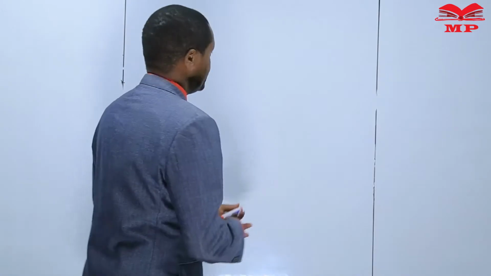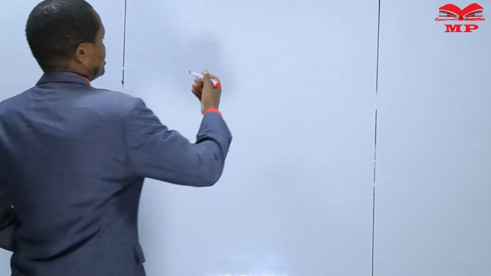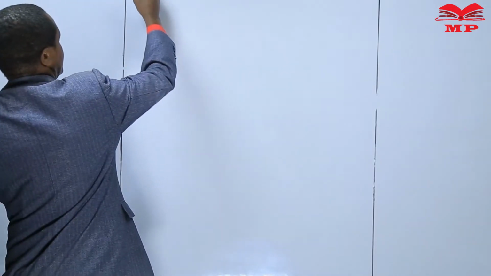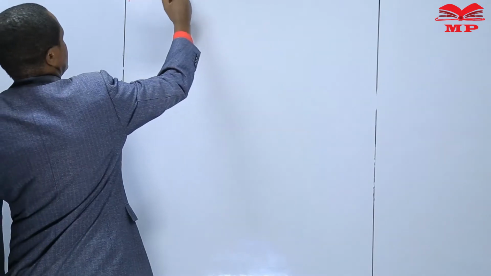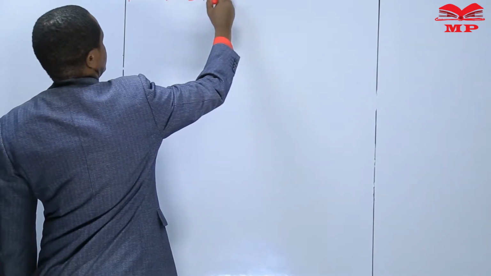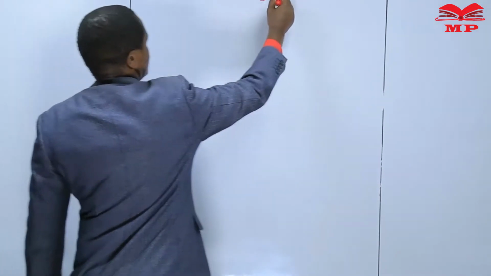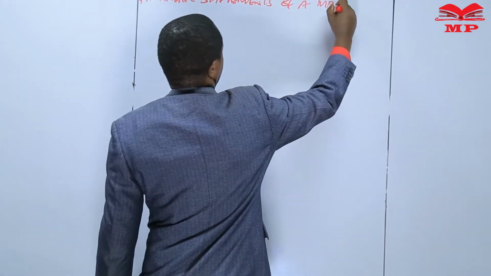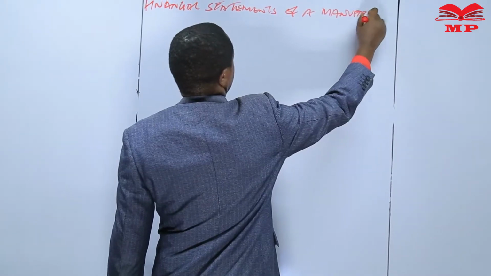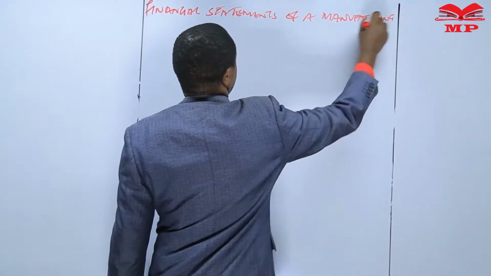In our today's lesson, we want to learn how to treat the unrealized profit in the books of a manufacturing entity. So the topic is financial statements of a manufacturing entity.